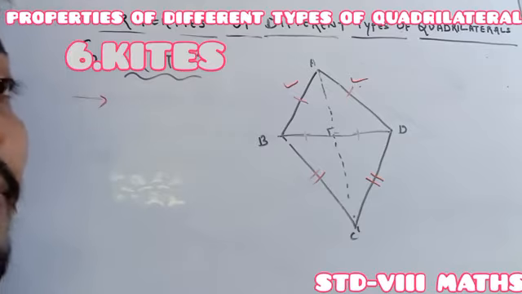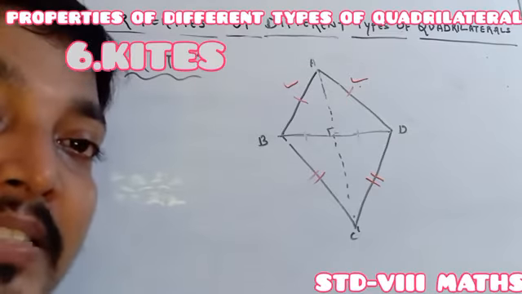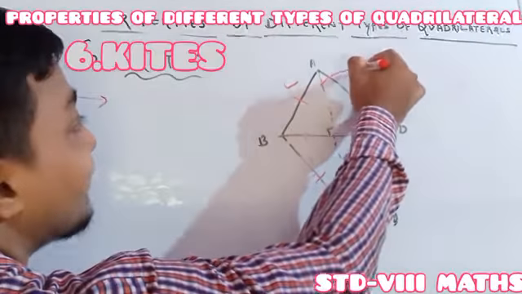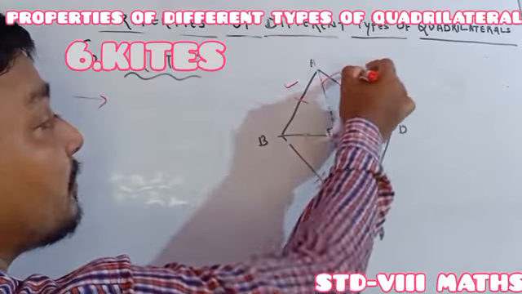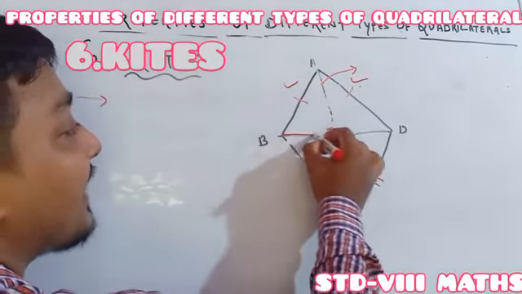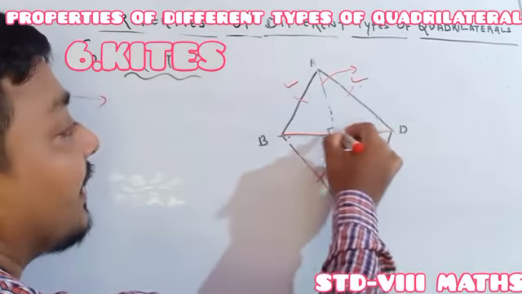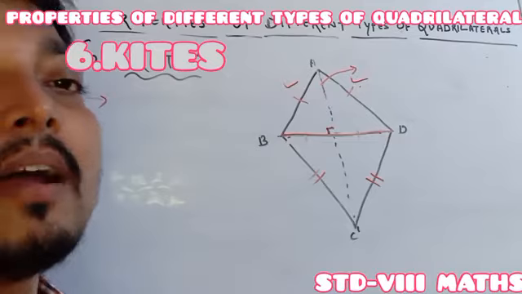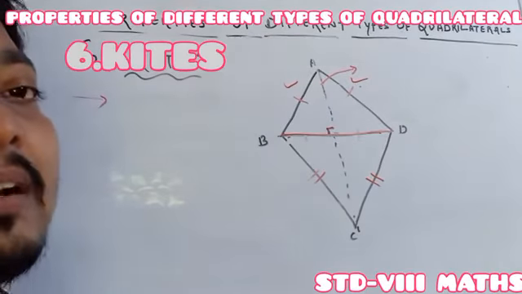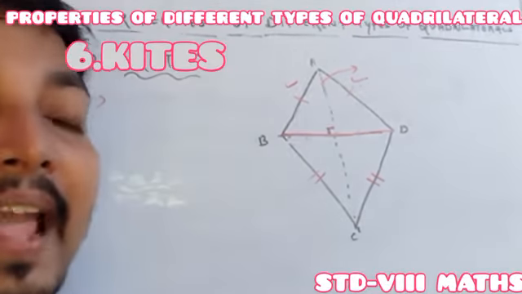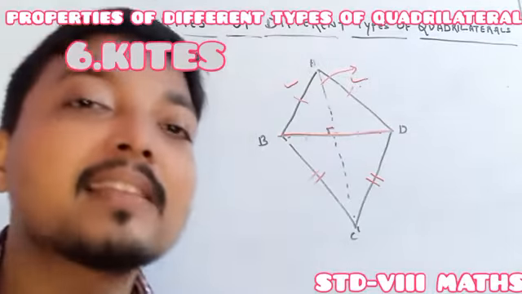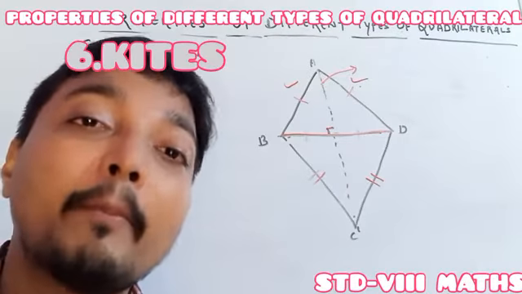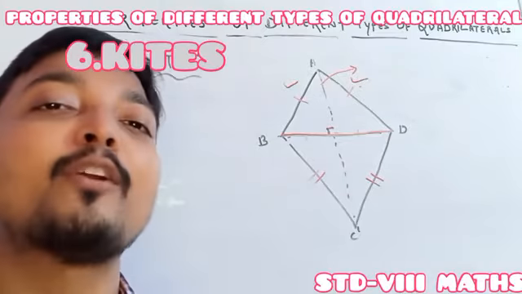Before that, both the diagonals bisect each other. But here, the diagonal which lies on the line of symmetry bisects the other diagonal, along with this one being 90 degrees. So in a single line one can write that the diagonal which lies on the line of symmetry is the perpendicular bisector of the other diagonal.